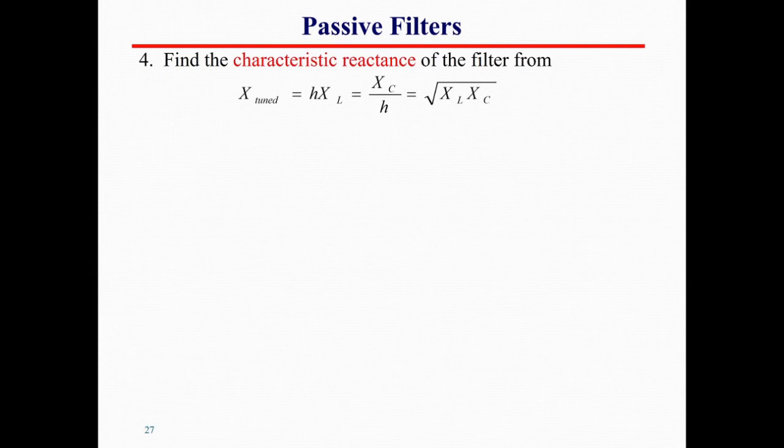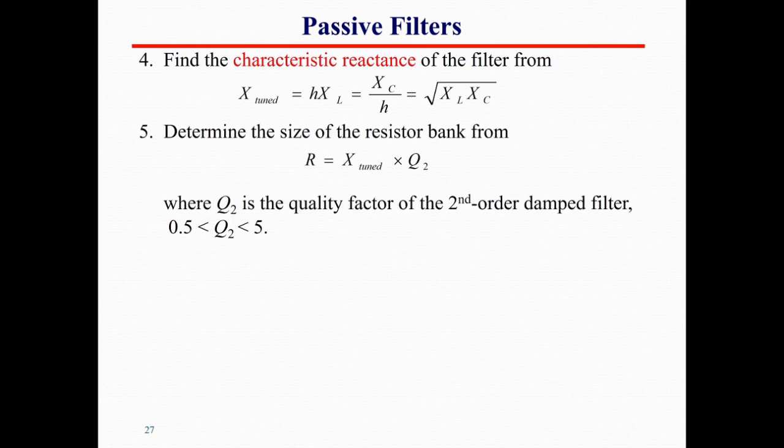Then we can calculate the characteristic impedance by taking the square root of XL times XC, or it is equal to H times XL, or XC over H. And then we can determine the value of the resistance by multiplying X tuned times the quality factor.